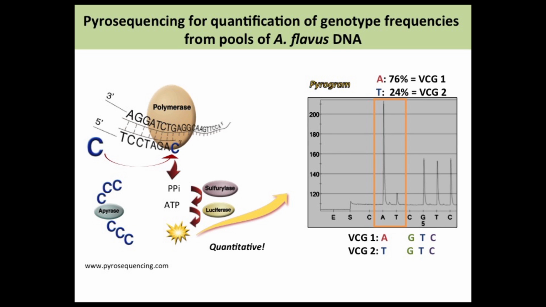So pyrosequencing allows us to look at polymorphisms within a strand of DNA and measure the proportions of that polymorphism, as shown here. And that polymorphism, if we select the proper position, indicates which genotype you have.